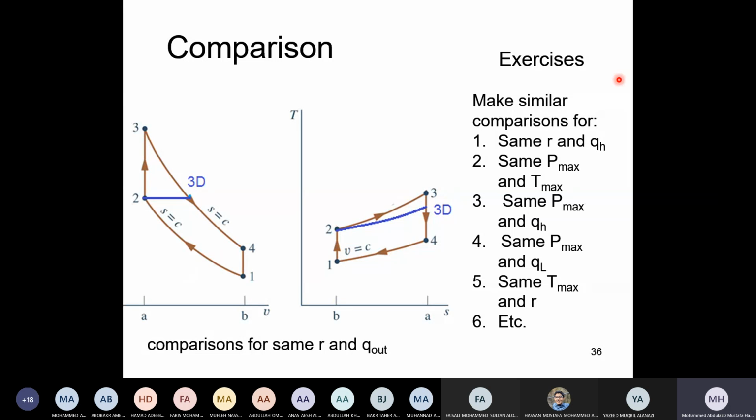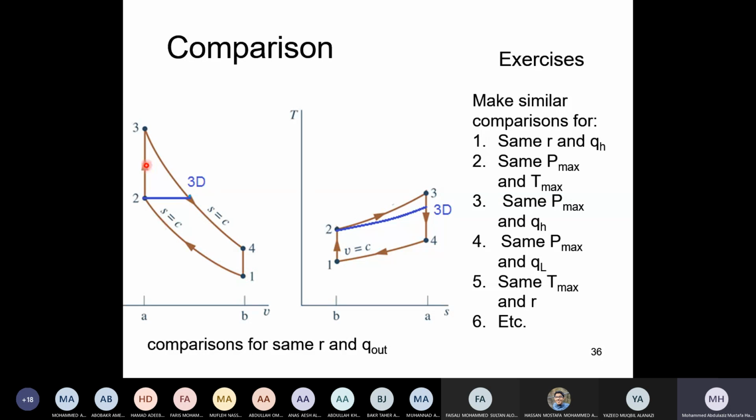Now let us go to more critical thinking, more depth in thinking. I want to compare the two engines here. As we mentioned, as R increases, the efficiency increases. But does this mean that Faisal's engine, because it has R more than 14, is always better than Hassan's, that it gives more efficiency than Hassan's? This is the question.